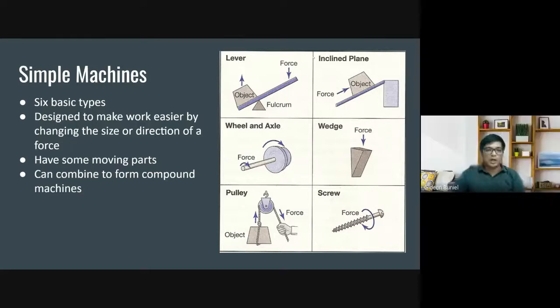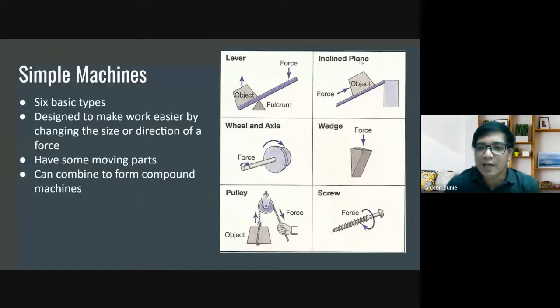Okay. When you push this lever here, of course, this object will go up because you applied force here. And in a lever, there is a fulcrum to provide stability when applying the lever.